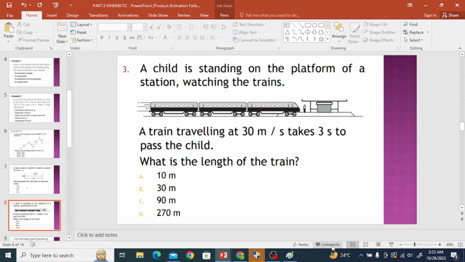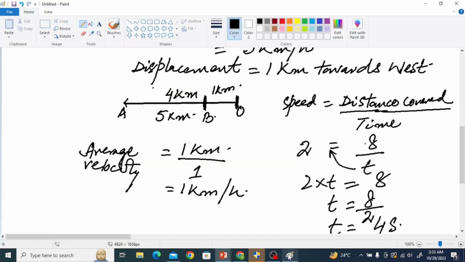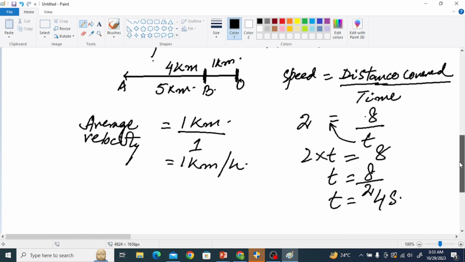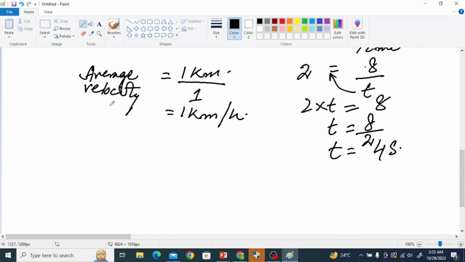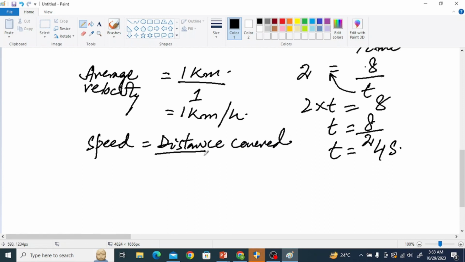Then what you have to do, speed is given to us 30 meter per second, and time taken is 3 seconds. So again, using the formula of speed, that is distance covered divided by time taken.